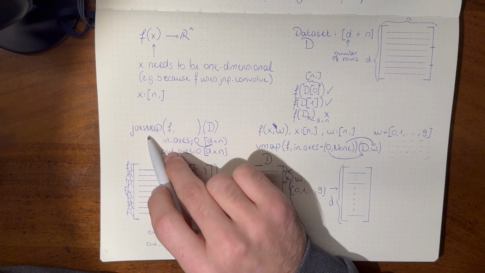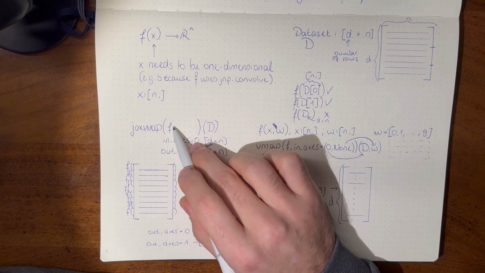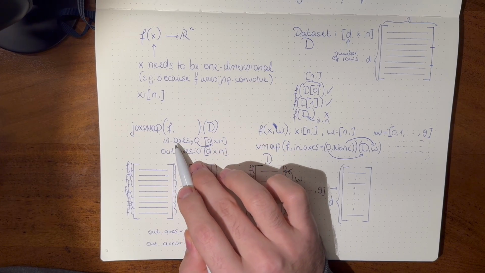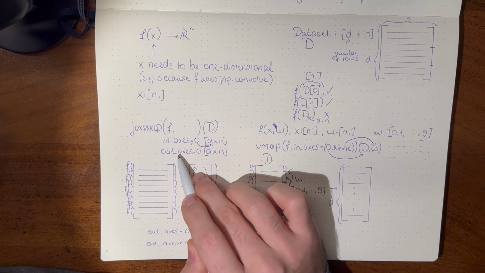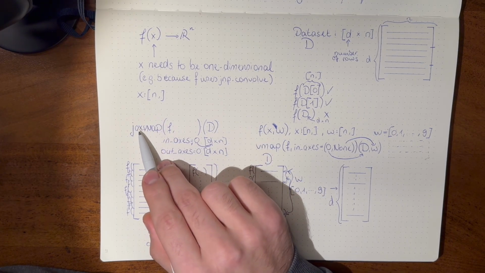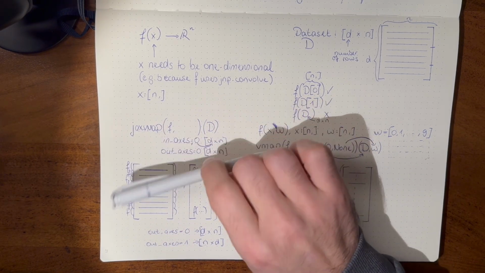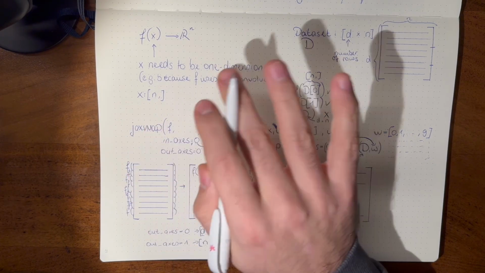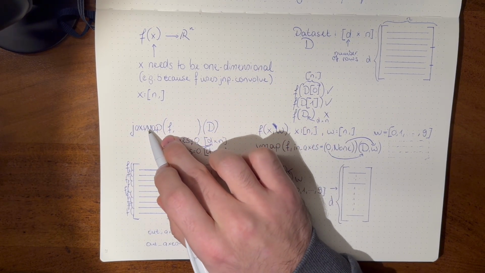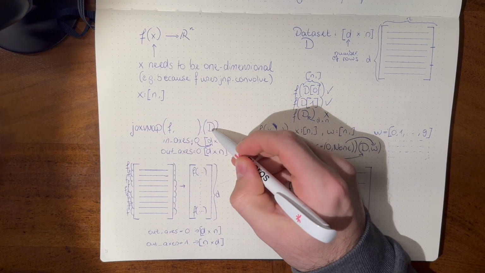So the VMAP function requires an input function that needs to be applied on your data, and it can also take the in-axis and out-axis as additional input, which are 0 by default. What happens here is that if we just give jax.vmap the function f as input, then VMAP returns another function that you can call, and we give that function the data D as input.